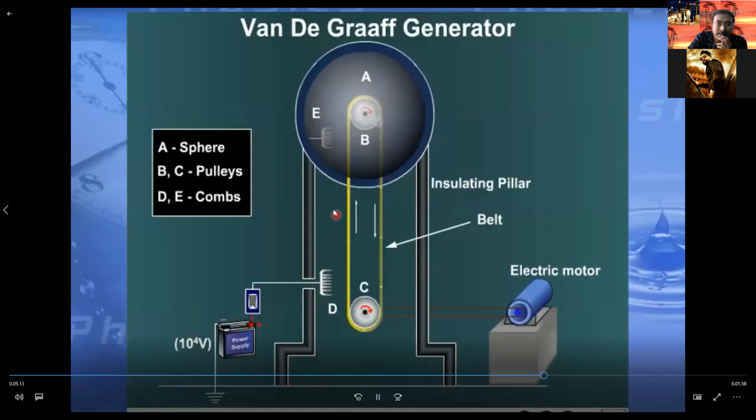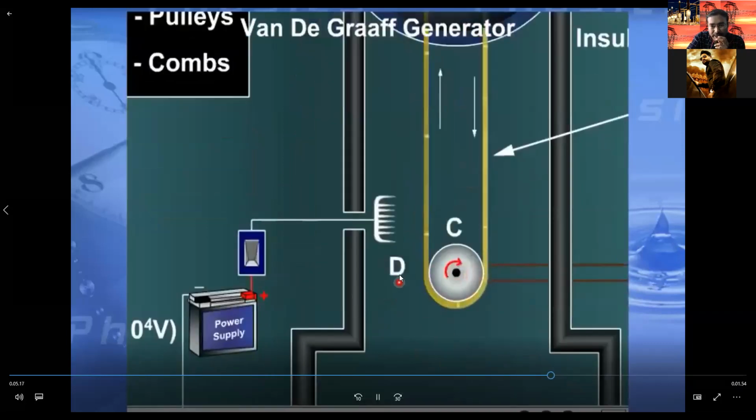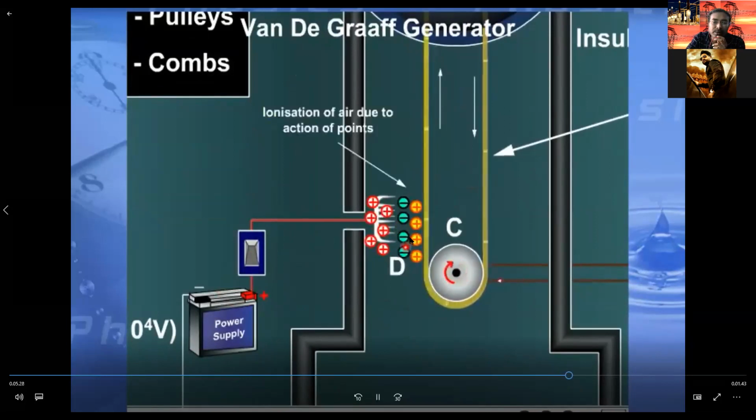Then coming to the working of the Van de Graaff generator, the comb D is connected to the battery at high potential, 10 to the power of 4 volts. The high potential from the battery ionizes the air near the comb. The air molecules separate into electrons and positive ions.